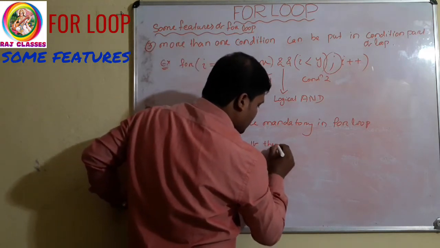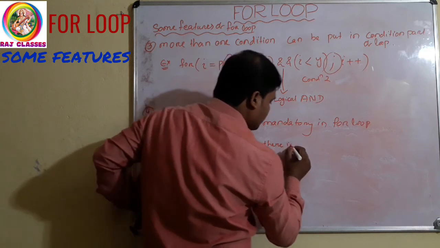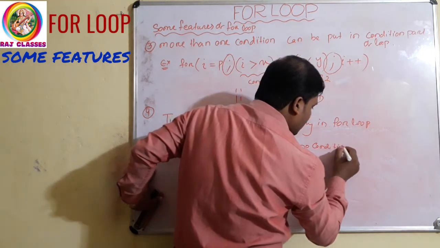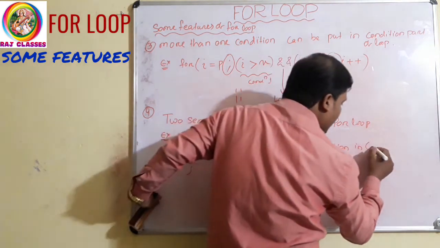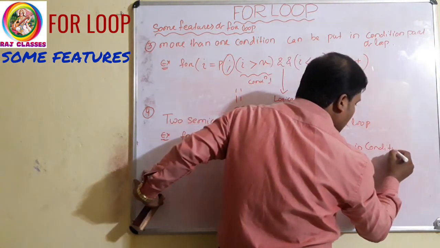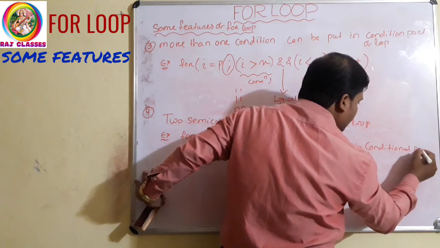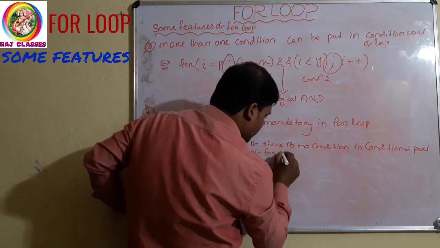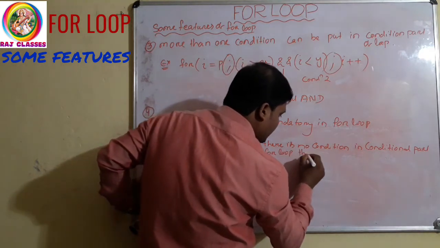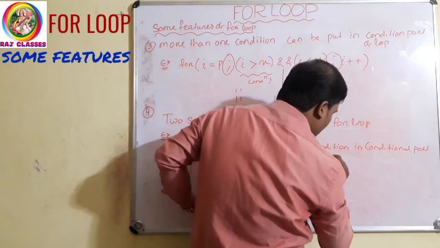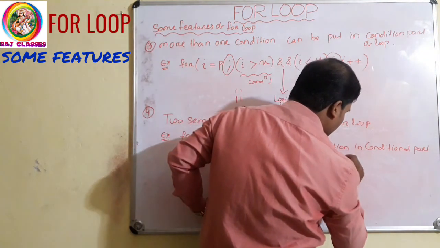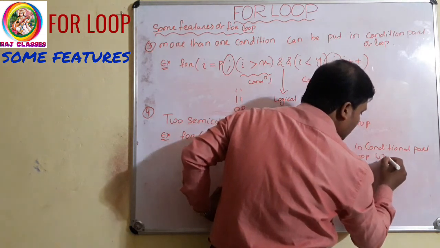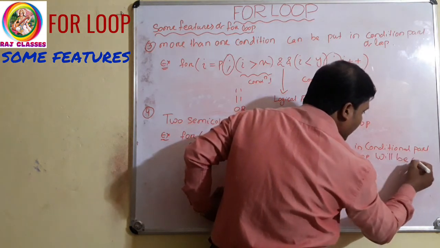If there is no condition in conditional part of for loop, then the for loop will become one infinite loop.